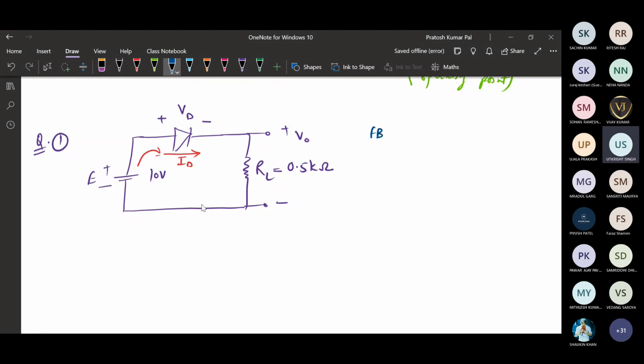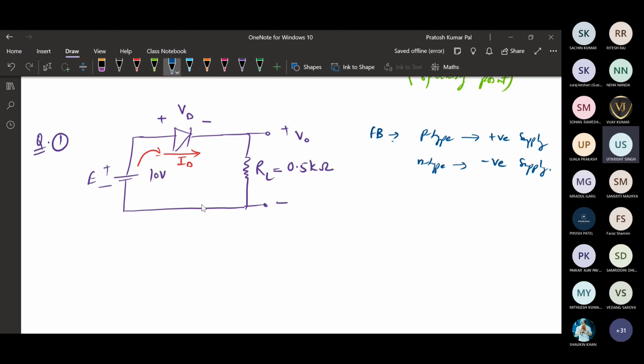What we see is, in case of forward bias, the p type of diode should be connected to the positive supply, and the n type of diode should be connected to the negative supply.